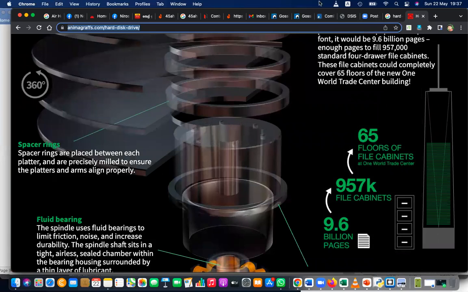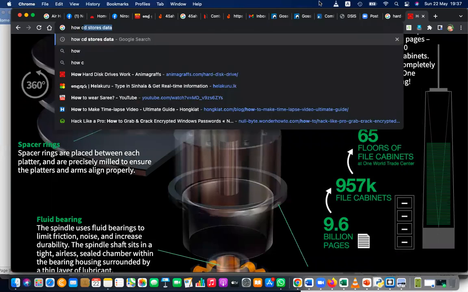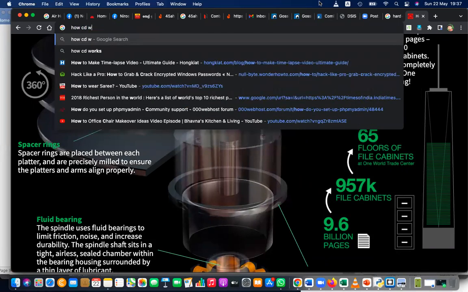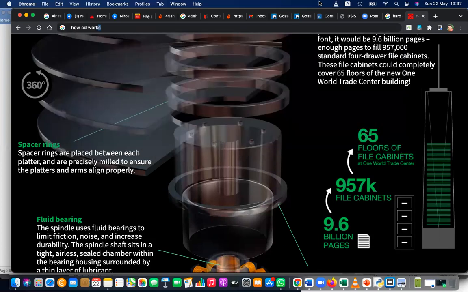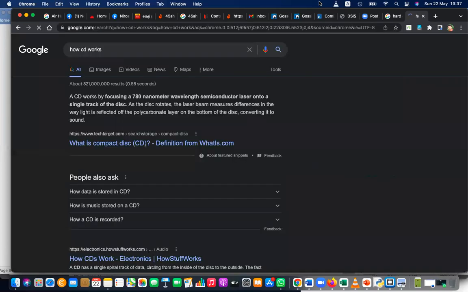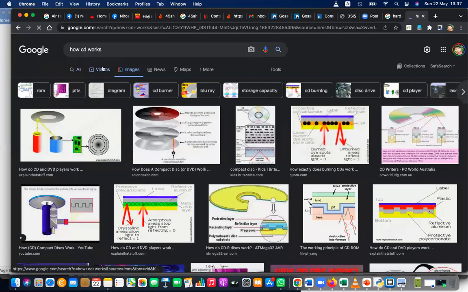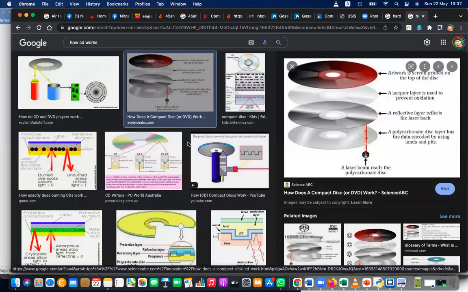How a CD works or how a DVD works is also important, because that is optical technology. Under optical technology, it uses light, actually a laser light. This is a layered view of a CD. It has a label, a transparent layer, a reflective aluminum layer and a lacquer coated layer.